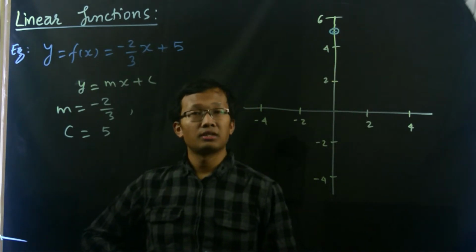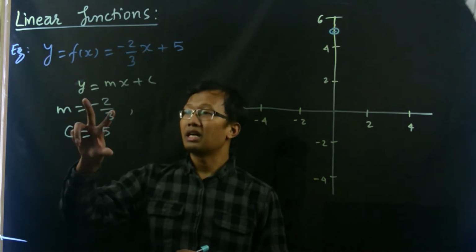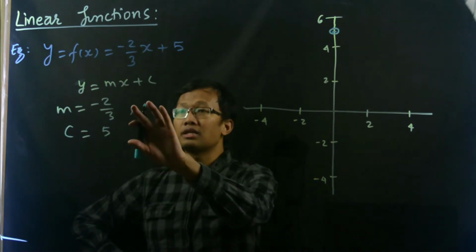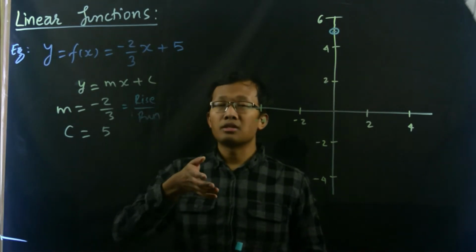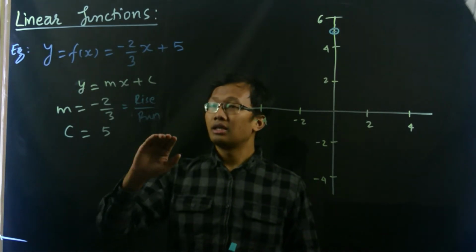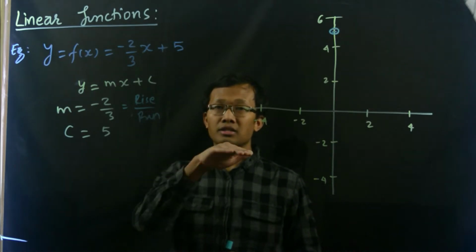The next point can be gotten from the idea of slope. We know that the slope represents rise over run. Rise means the movement in the vertical axis and run means the movement in the horizontal axis.